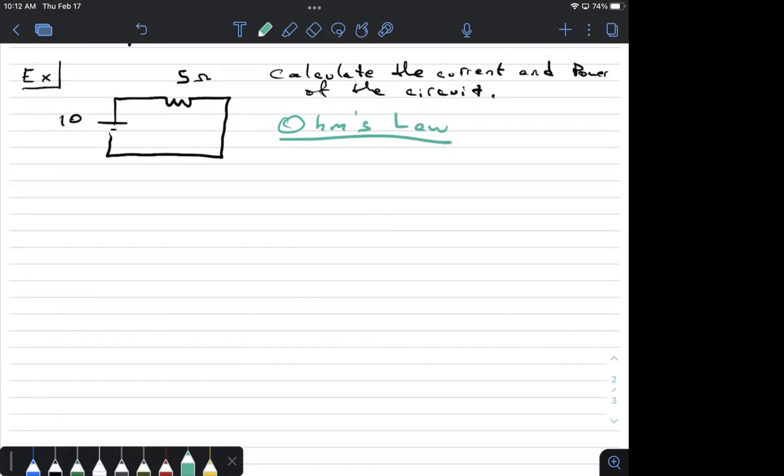Okay, named after Mr. Ohm. And Ohm's law says that the relationship between the voltage, the current, and the resistance of a circuit is V equals I times R. A nice, easy relationship.